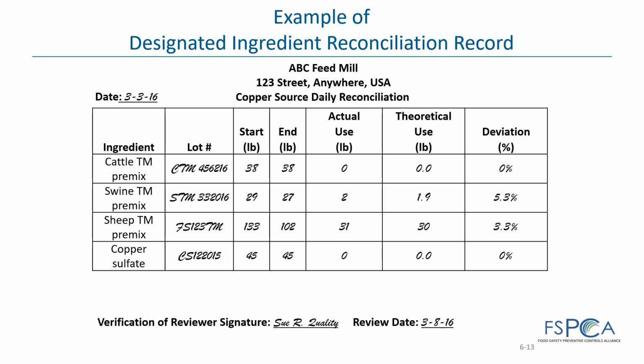But if we do the percent deviation, what we find out is that we're under that 10%. That's only a 3.3% deviation, and so we're within that 10% parameter value. No red flag, we're good to go, we're still making safe feed. Okay, so just another record produced through the monitoring procedure.